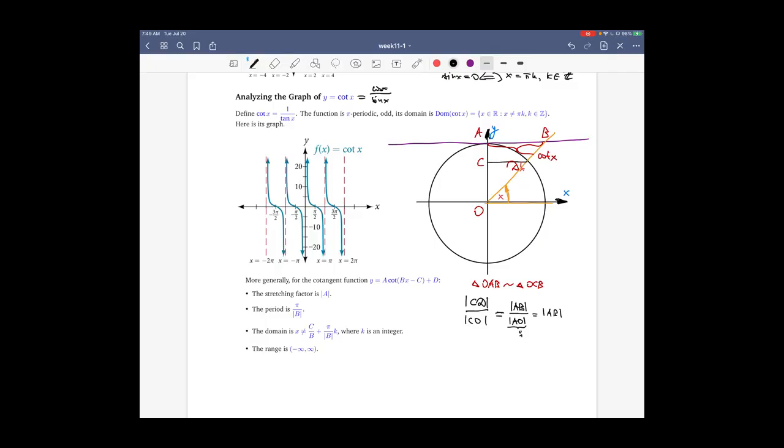Now CD is the x-coordinate of that point. We know that's cosine x. And CO is the y-coordinate of that point. And we know that's sine x.